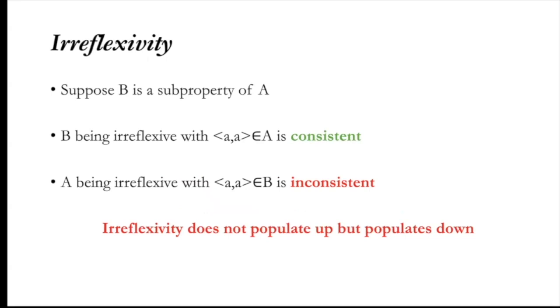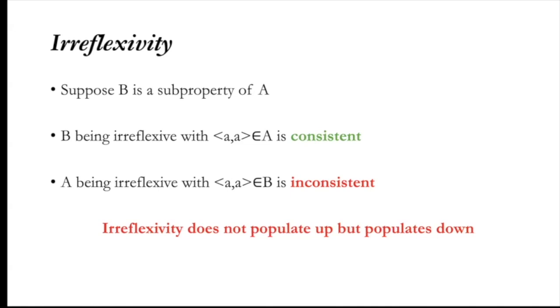Irreflexivity does not populate up, but it populates down. If A is irreflexive, so is B. If B is irreflexive, it doesn't mean A is. Does that make sense?